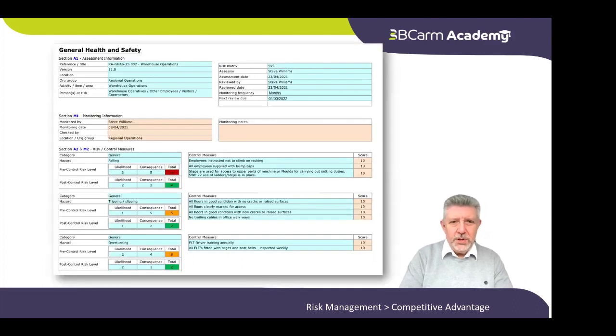So to give you an example, this is just one way of laying out the risk assessment. In the top box here, in the A1 bit, just a little bit of information. In A2, on the left-hand side of the screen, you can see we've got some hazards, and we've got our likelihood and consequence to give us our risk score, and in this case it's 15 in red.